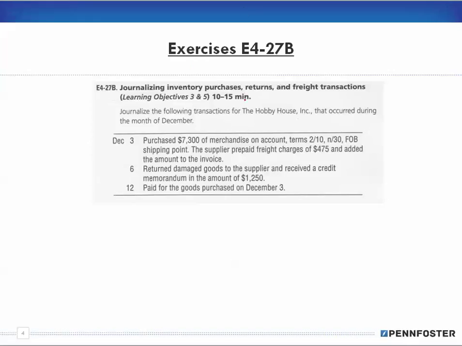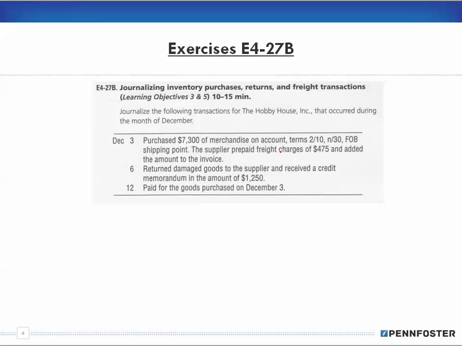It says here, journalize the following transactions that occur during the month of December. On December 3rd, they purchased $7,300 of merchandise on account with terms of 2/10, net 30, FOB shipping point.